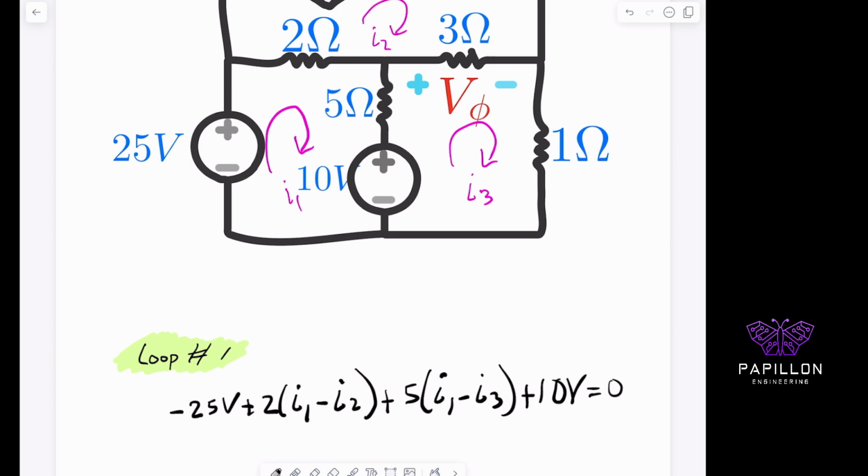If you haven't seen the previous videos, because I go clockwise, my current will always enter the positive end of my resistors, so it's read as positive, negative for each of my resistors.